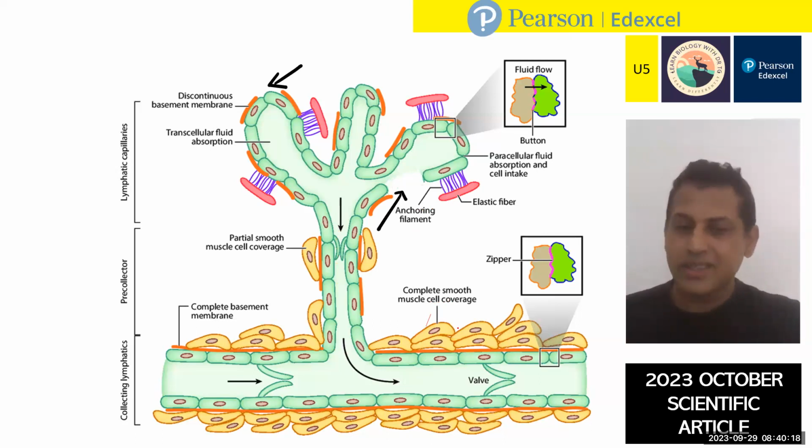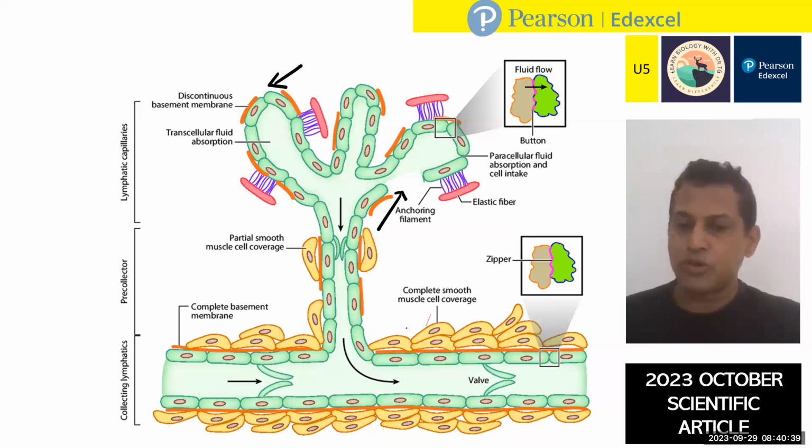The bigger lymphatics are covered by smooth muscle cells, and the smaller lymphatics can still contract because of the elastic fibers. Bigger lymphatics have a complete basement membrane and continuous endothelium.